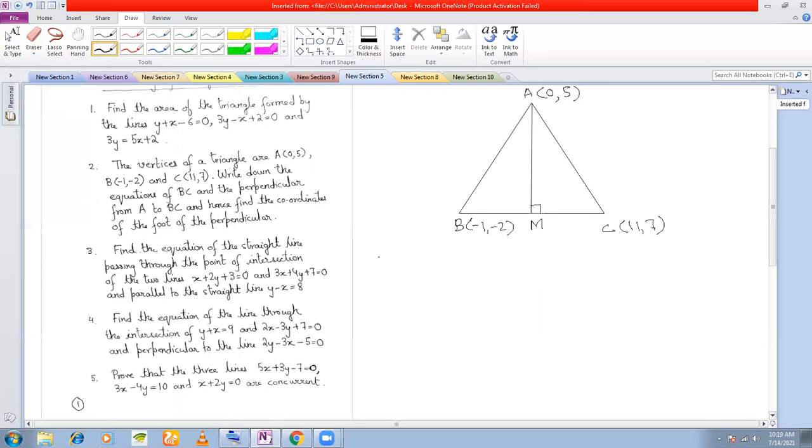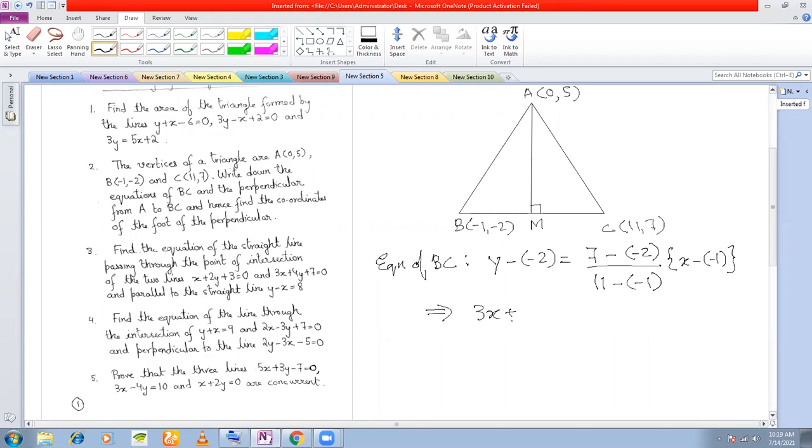So let's find the equation of BC using the two-point form, since you know two points. Y minus y1 is equal to y2 minus y1 by x2 minus x1 into x minus x1. If you simplify this, it comes to 3x plus 4y minus 5 is equal to 0. So we now know the equation of BC.